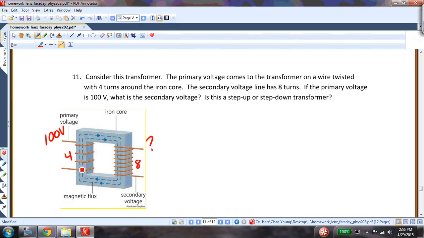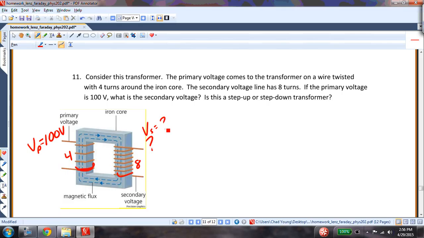Now, each turn of wire has the same EMF, each turn here and each turn here, because they're both experiencing the same change in magnetic flux. So if this is my primary voltage, I'll call this VP, and over here this is going to be my secondary voltage.